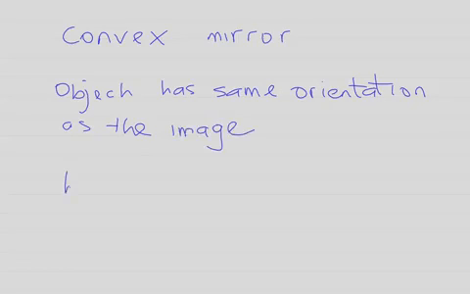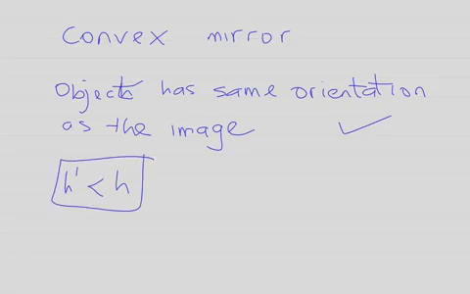Another reason is this, although I don't even think it applies for a concave mirror, but this reason goes with it: the object and image both have the same orientation, both erect, and the image height is less than the object height, and that applies if the mirror is a convex mirror.